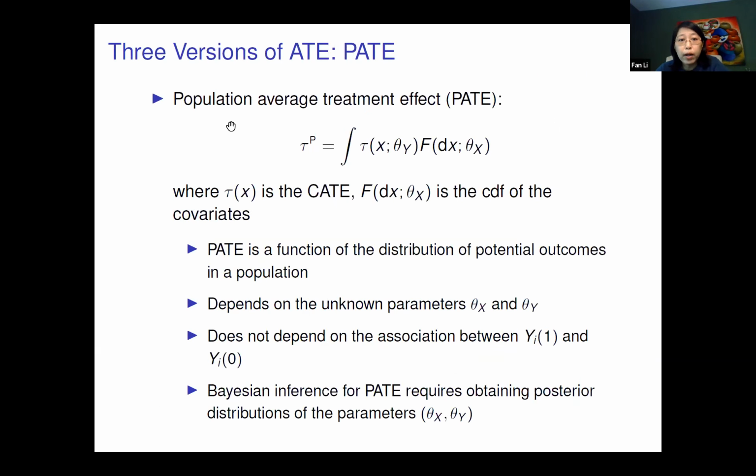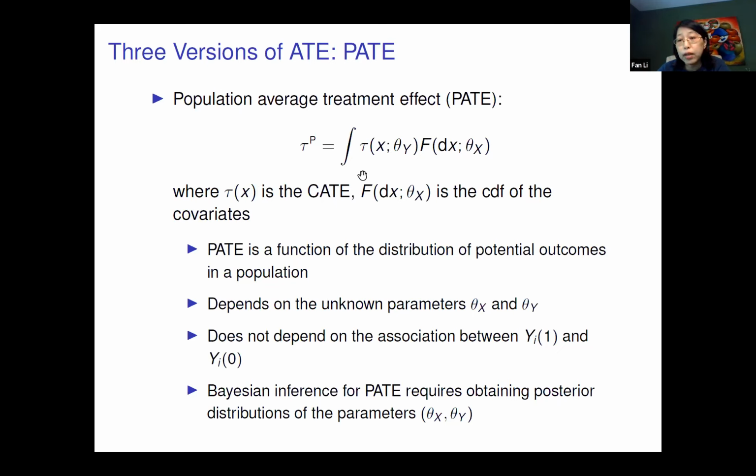So let's go back to PATE. This tau is just a CATE, the CATE at the value X, and of course now it is governed by the parameter for the outcome model, which I call zeta y.